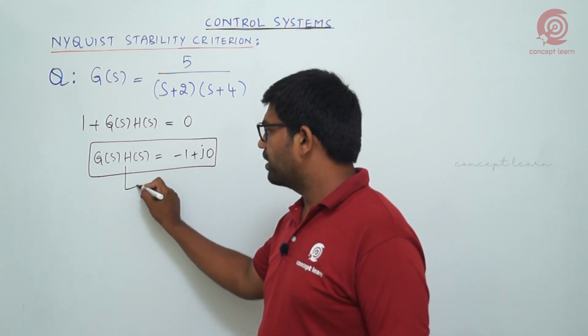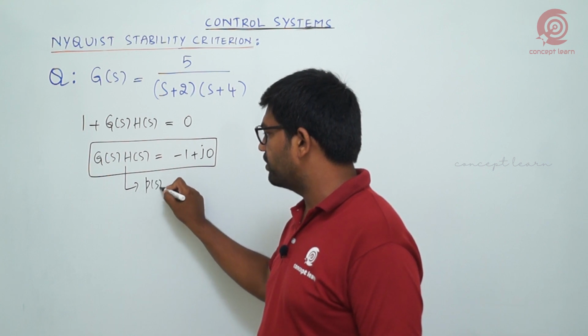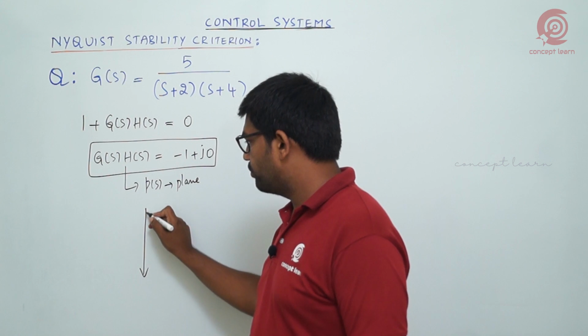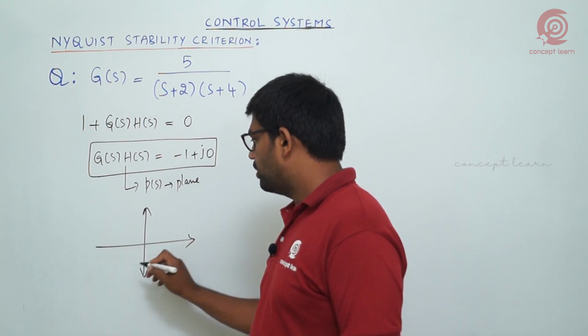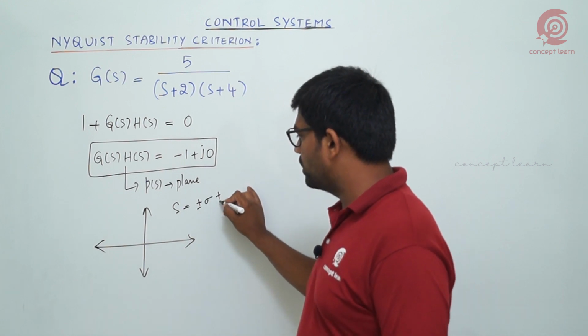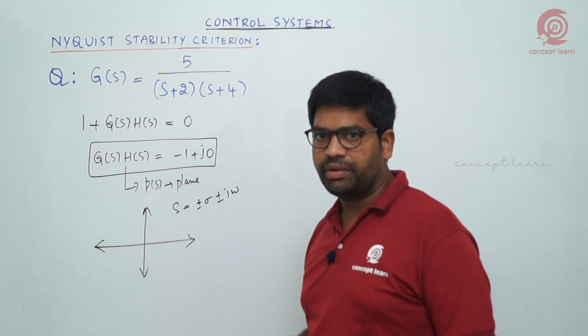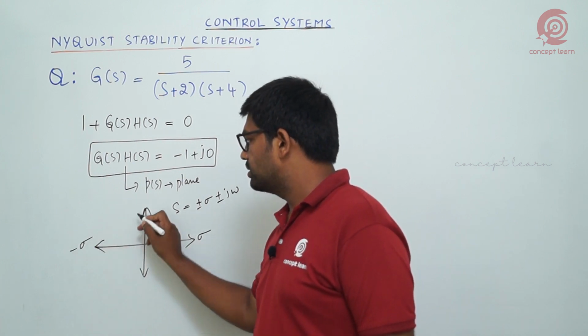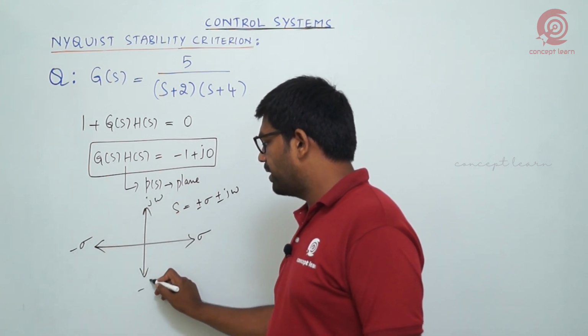Suppose this plane is the P(S) plane, and the S plane, if you treat it, we are dividing into real as well as imaginary parts, that is a two-dimensional plane. We get positive real axis, negative real axis, positive imaginary, negative imaginary.